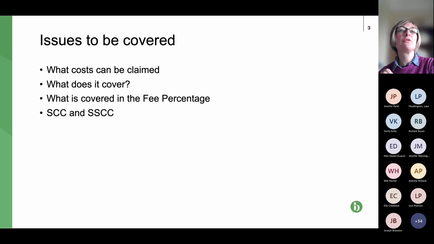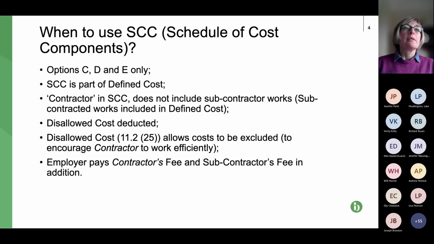So if we can move on to the next slide, please, Jen. Again, we're kind of circling round. We're not actually looking at the schedule or shorter schedule yet. What we're looking at is when do we use either of the schedules? Now, as you might have gathered, the difference between the schedule and the shorter schedule is that the shorter schedule is shorter.